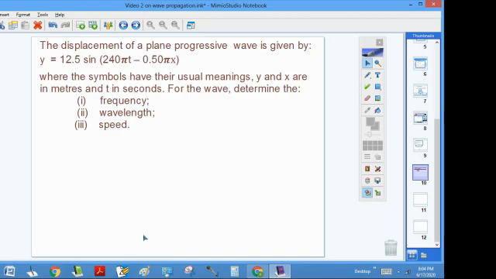For the wave, determine (i) the frequency, (ii) the wavelength, and (iii) the wave speed.